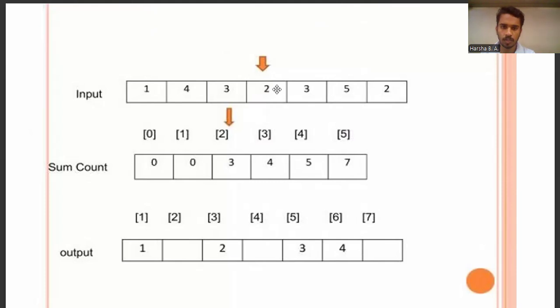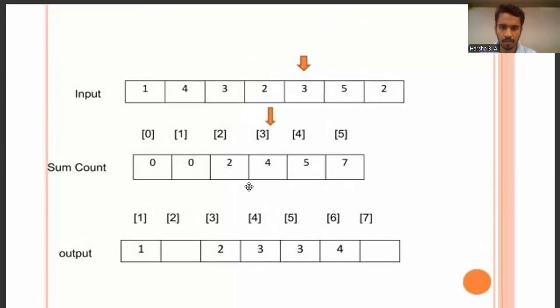Now 2 is at 3. So we'll put 2 to the third index of output array. Next, 3 is now at 4 in the sum count array. Therefore, at the fourth index, we put 3.